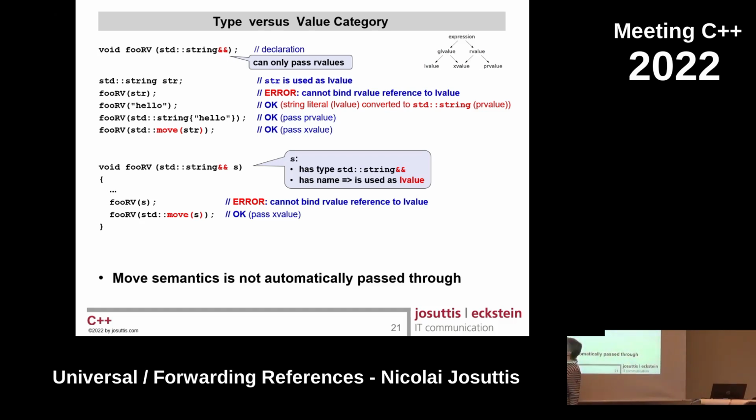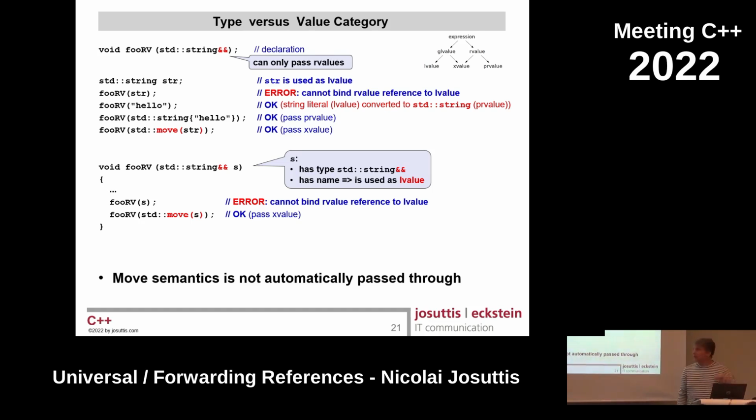And that is the secret hidden detail of our rules that move semantics is not passed through. Just when we call this function for an object we mark with move, inside the function it has no move semantics until we mark it with move again. Move only means, I no longer need this value here.